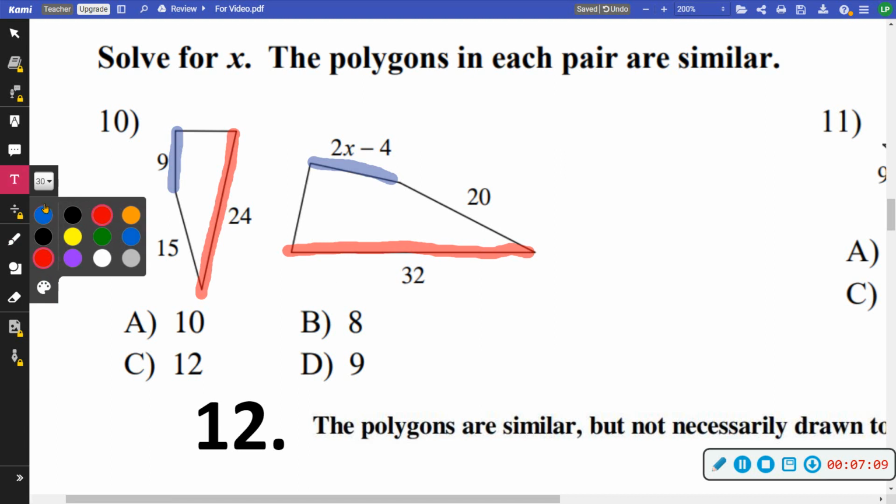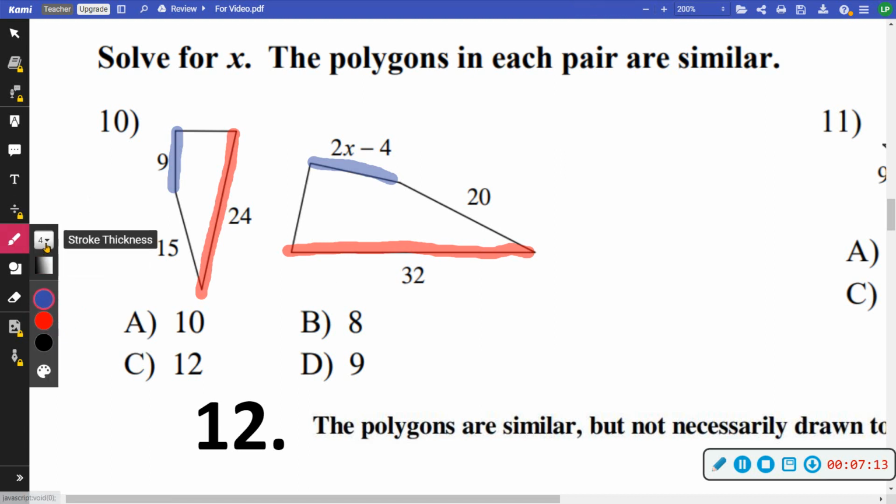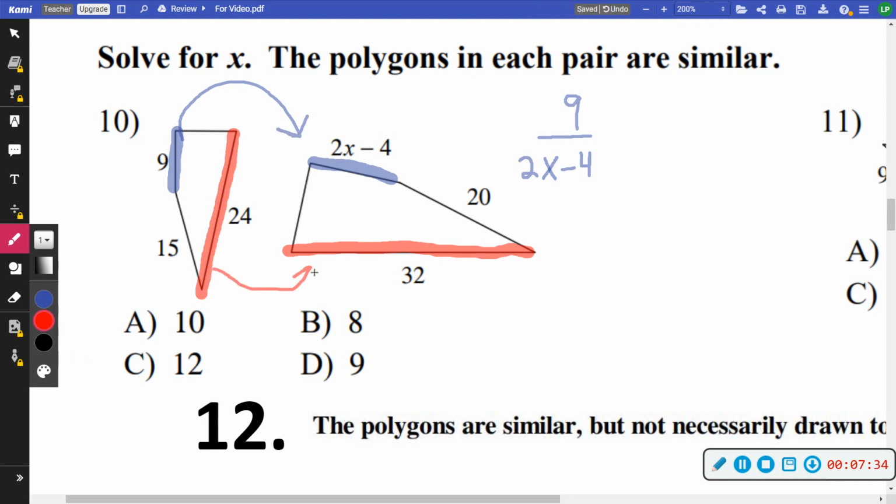So when I set this up, I'm going to go left to right. So it's going to be 9 over 2x minus 4. And I went this way, so I'm going to have to go the same way, so it'll be 24 over 32.